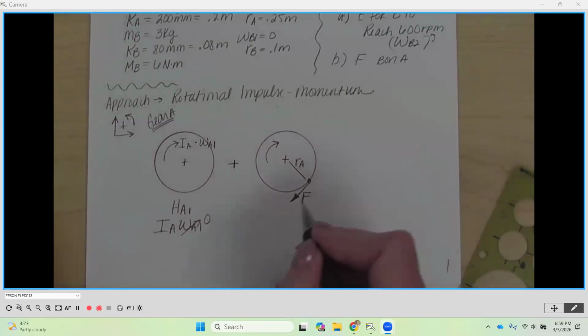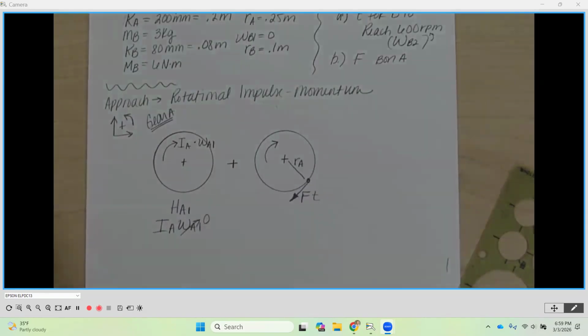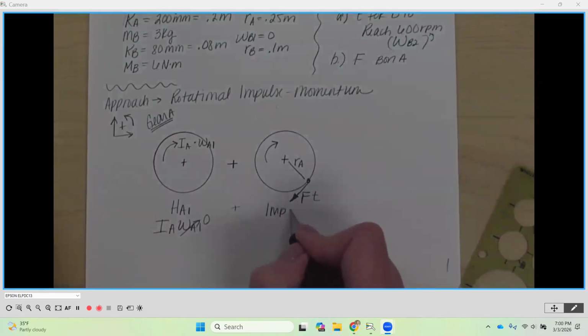This is our impulse diagram, times the time, so F times t. This is our plus impulse, from 1 to 2, so it's kind of like during.